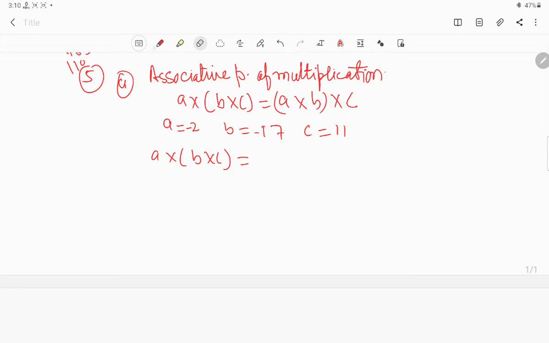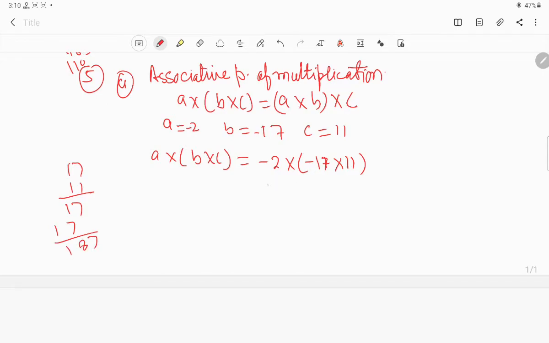See here, -2 into (-17 into 11). You multiply this, then you can get it. First you multiply 17 into 11, that is 187.